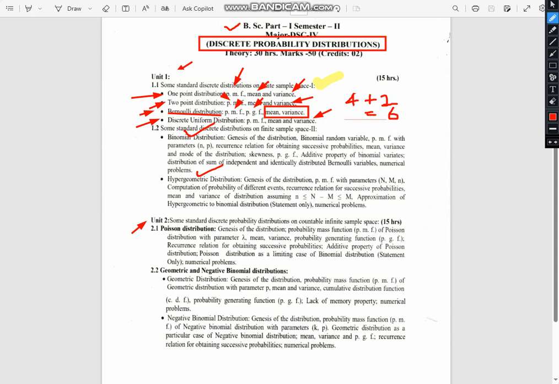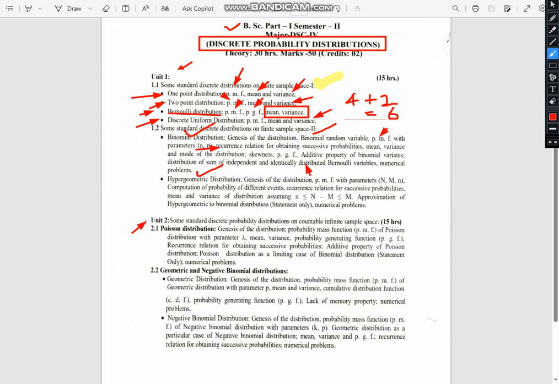So 1.2 is related with finite sample space 2. For the binomial distribution, what is the genesis of the distribution? What about the probability mass function? How to find the recurrence relation, the mean, variance and mode of the distribution, skewness, PGF, additive property of binomial variates, and distribution of the sum of independent and identically distributed Bernoulli variables.